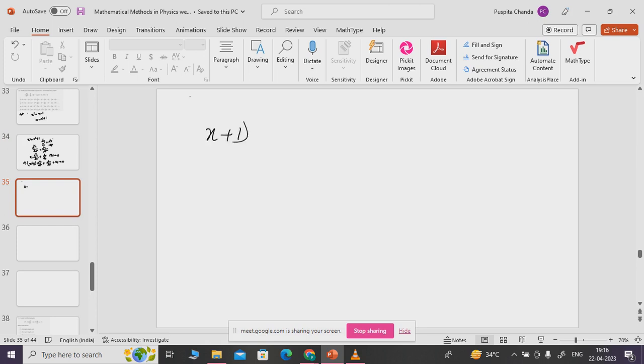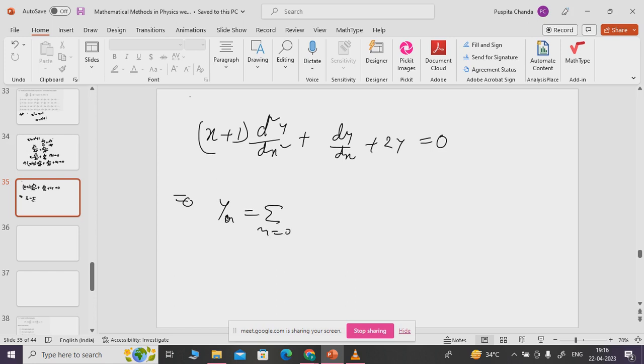X dash is a variable and so is y. It can be replaced by x plus 1 d2y dx2 plus dy dx plus 2y is equal to 0. Now we can solve the power series solution.